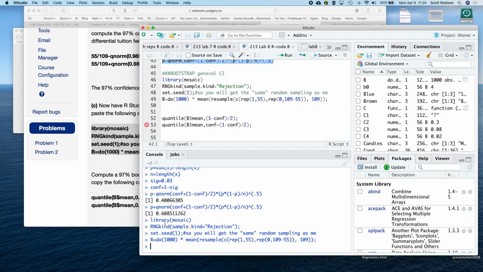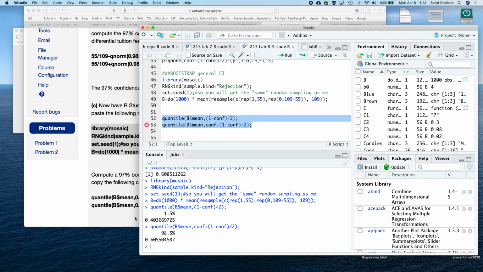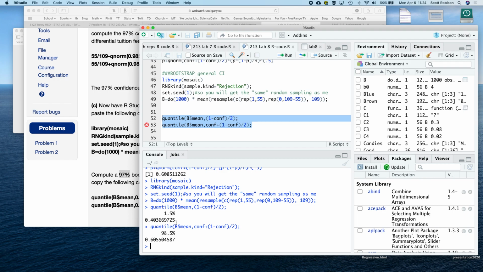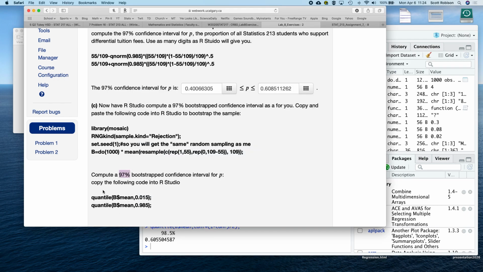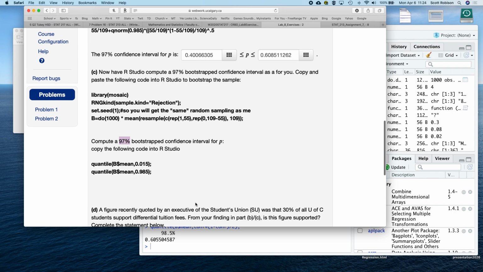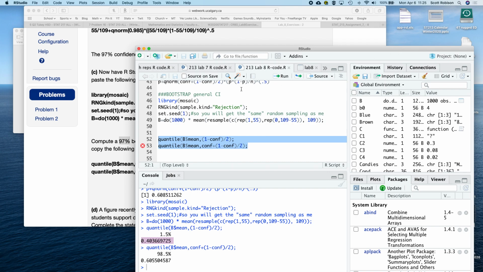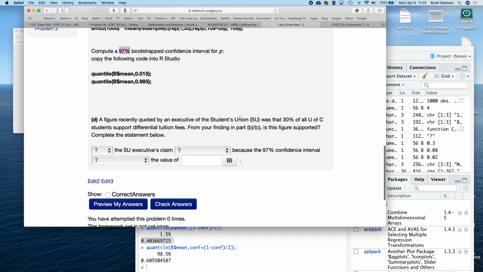So after pasting this command in there and then finding both the lower and the upper quantile, the cutoff points, if I've got 1.5% in the lower tail and 98.5% in the upper tail, then what do I have in the middle? I will have the 97% that I'm looking for. Okay, so again, if that is mysterious to you in any way, please do go and look back at the lecture notes and the lecture videos posted into D2L to reference that.